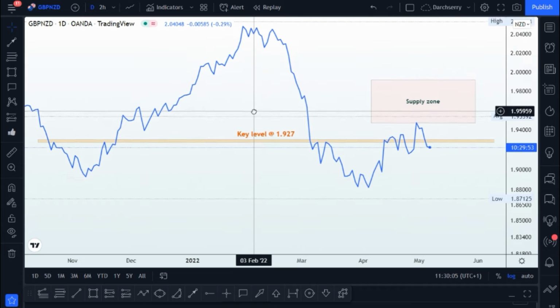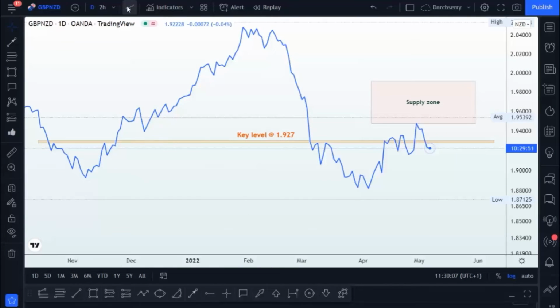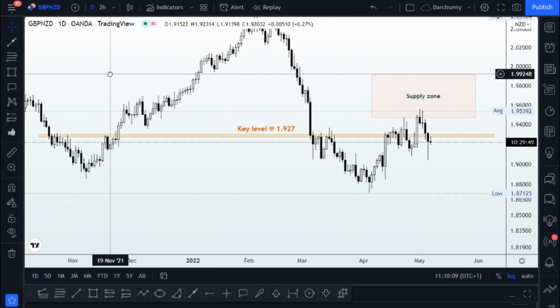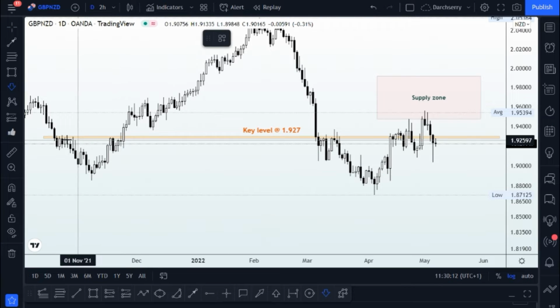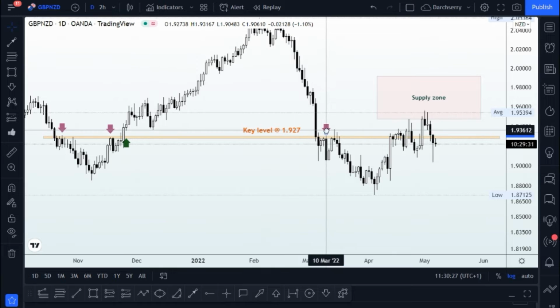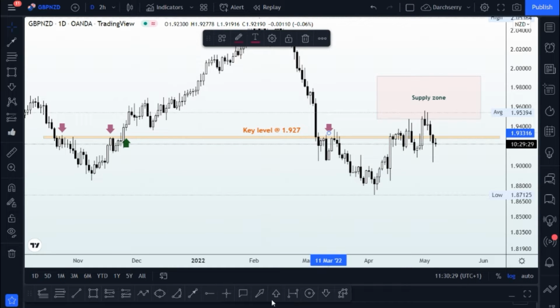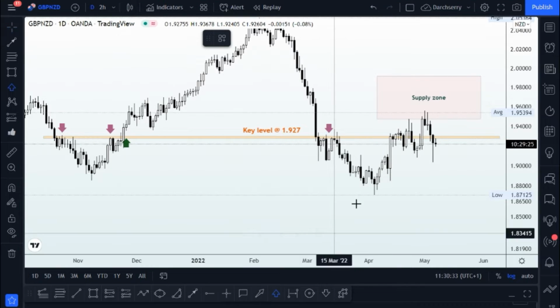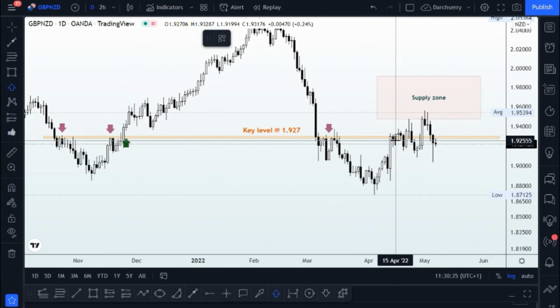So we have this as our key level, and if we look left, you can see we saw a rejection at this area, a breakout of structure at this area, then multiple rejections, a breakdown, then multiple rejections in this area, and we witnessed a breakout of structure in mid-April.